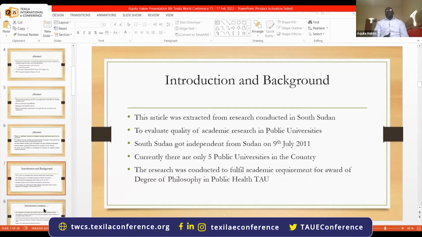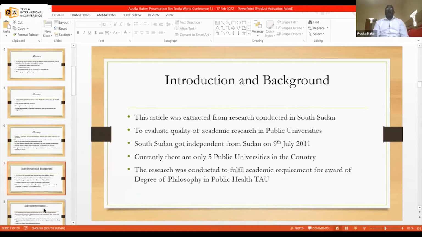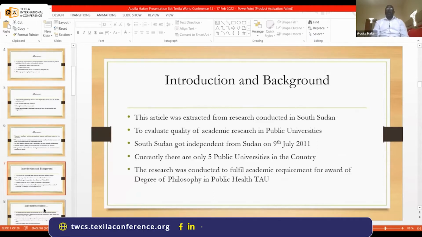Just to begin, a bit of background on this research. I extracted this article from research conducted in South Sudan that evaluated the quality of academic research in the public universities. South Sudan, as a country, got independence from Sudan in 2011.